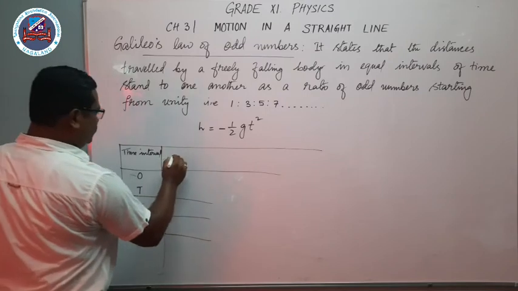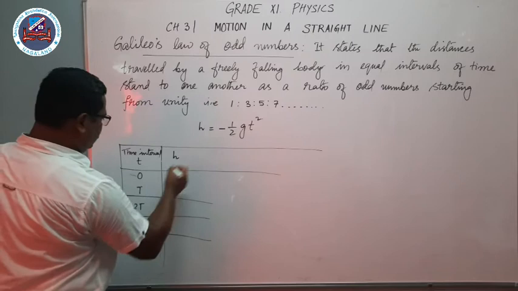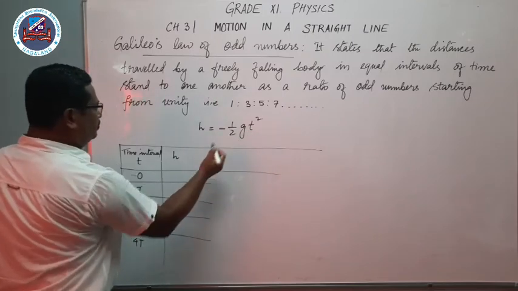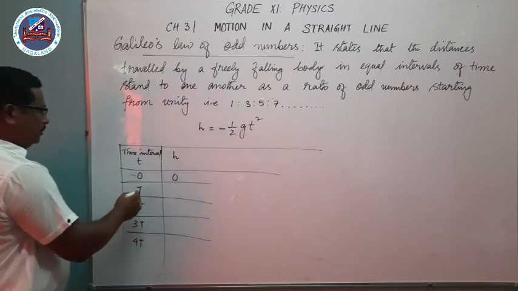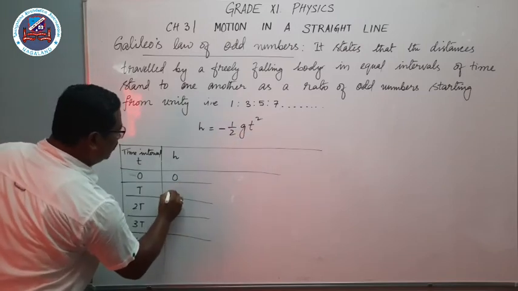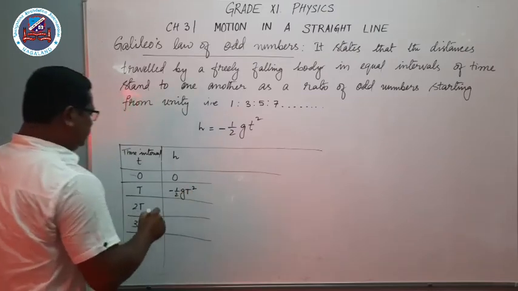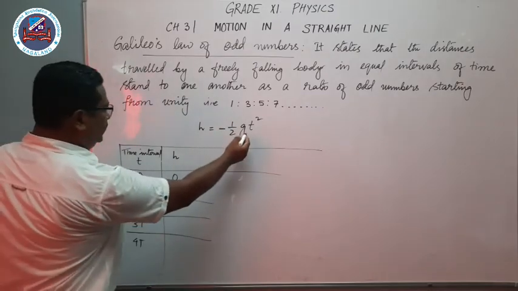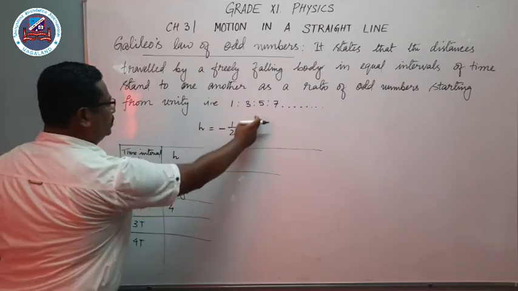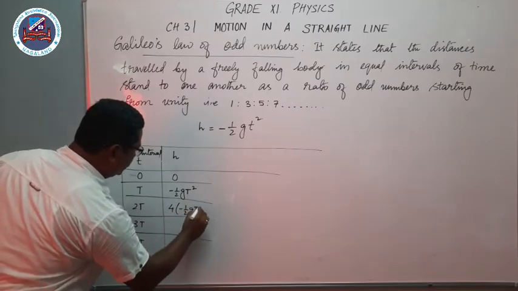Then the distances h you can find out here. This column indicates the time interval t. h will be 0 if you put 0 in place of t, because then the whole value becomes 0. For the second value, t, if I write capital T here, it becomes minus half of gt square. Then for 2t, 2 square will become 4, so it will be 4 times half of gt square.